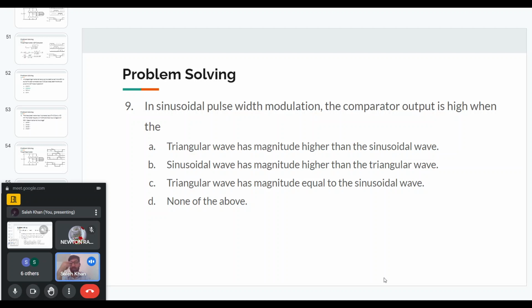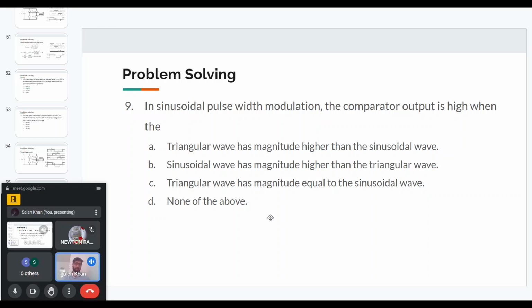The 9th question is asking about pulse width modulation, how it is done. The question says the comparator output is high when, and the options are: A, the triangular wave has magnitude higher than the sinusoidal wave; B, the sinusoidal wave has magnitude higher than the triangular wave; C, the triangular wave has magnitude equal to the sinusoidal wave; or D, none of the above.